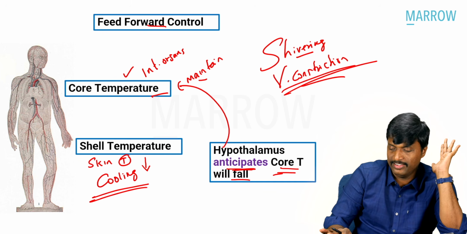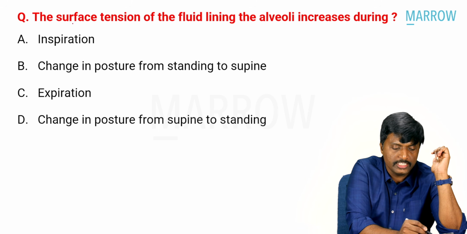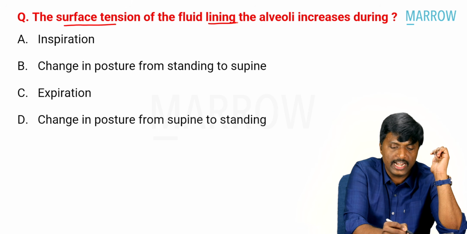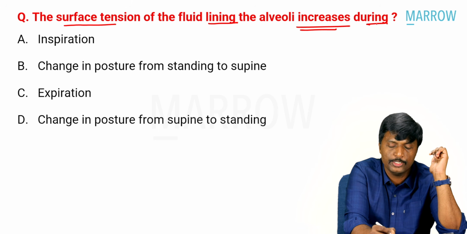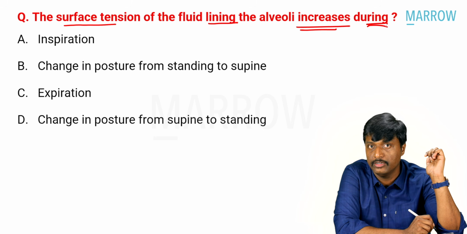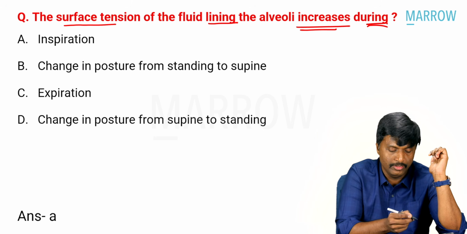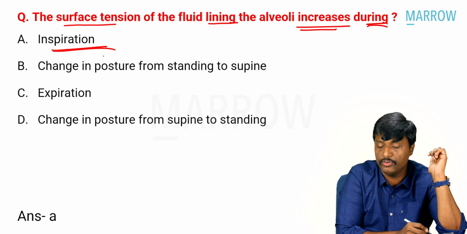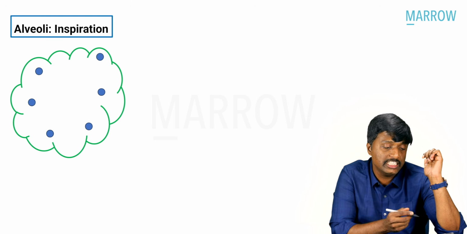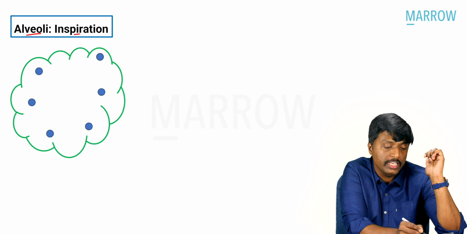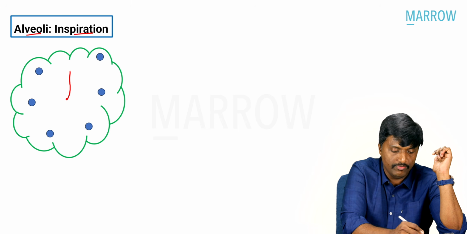Simple. Next question. The surface tension of the fluid lining the alveoli increases during. Surface tension increases during inspiration. What is the explanation for this, sir? A very simple one, guys. See, this is the expanded alveoli during inspiration. Alveolar expansion happens.